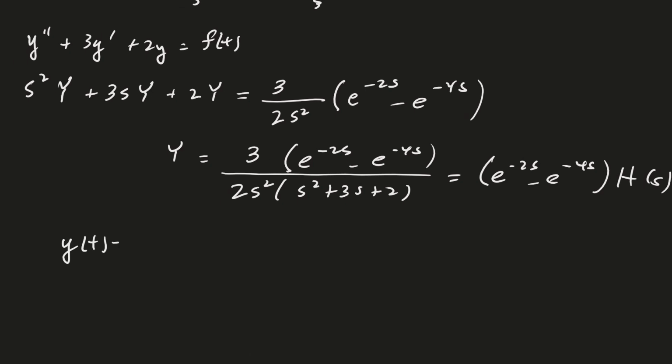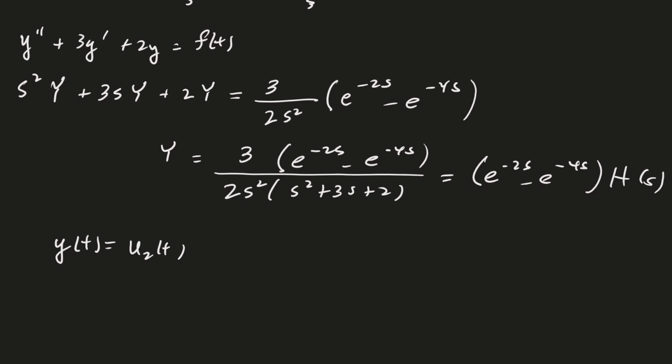Our y of t is just going to be u sub 2 of t times h of t minus 2, minus u sub 4 of t times h of t minus 4. I'm trying to hurry because I'm running out of time. Okay, we're going to finish this one up in the next video, I think, because the inversion of this is going to take a few minutes. I'll meet you back here at the next video.